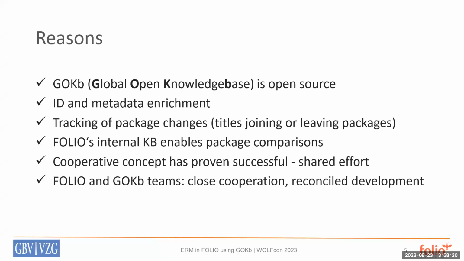And we have this ID and metadata enrichment that we need in our networks. Yeah, we need the metadata, and you really have more information that you can use in subsequent systems as well.